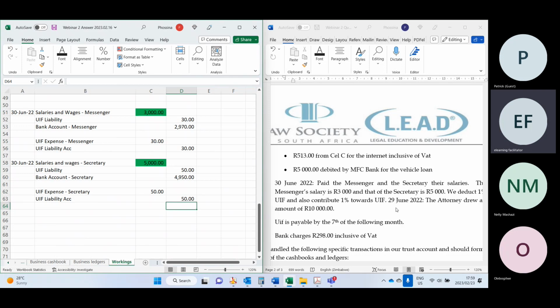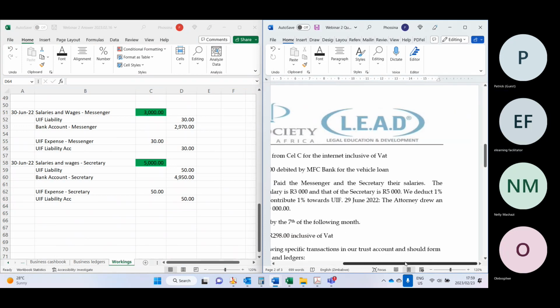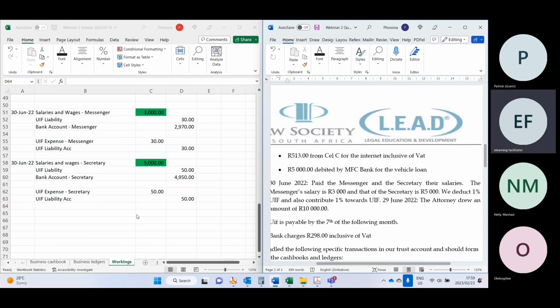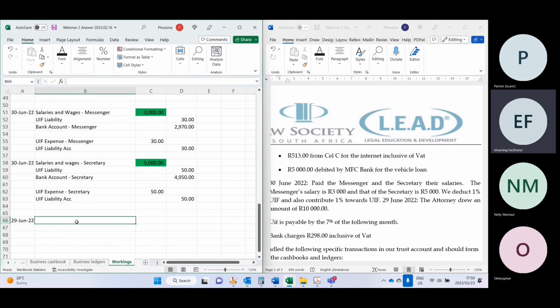And then we are told that the attorney drew an amount of 10,000. In this case, most probably our attorney is a sole prop, so he can draw money from the account. Roughly how we are supposed to capture it, I'm just going to do a working illustration.